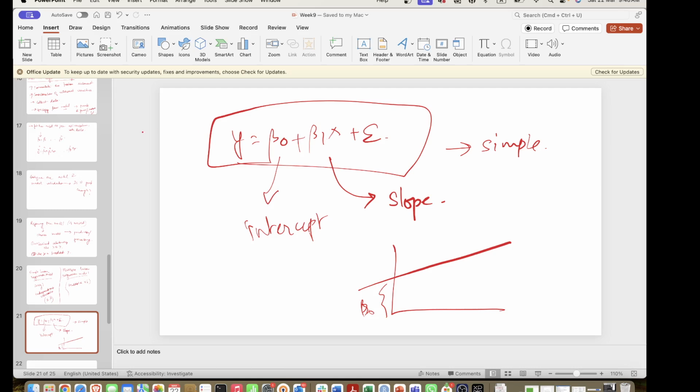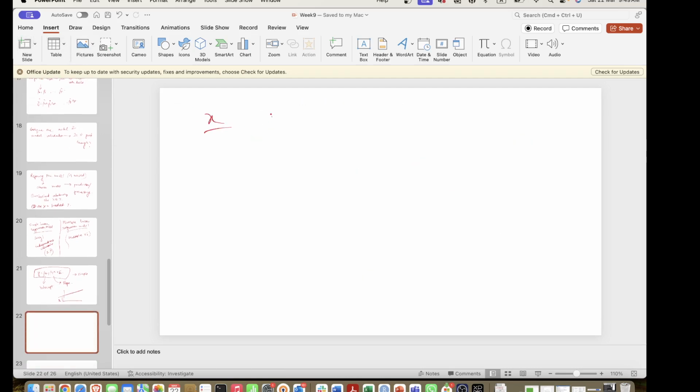Now whenever I am given two variables x and y, let's say x is 1, 2, 3, 4, 5, 6 up to 10, and here I have 10 crop yields, say 42 in some unit, 44, 35, 33, 25, 27, 47 and so on.